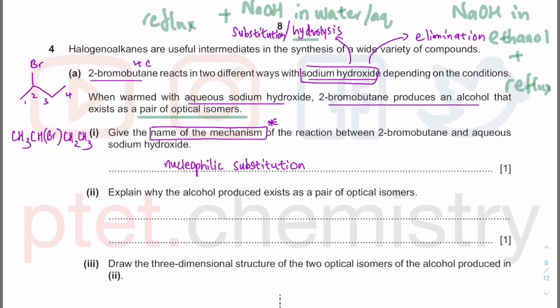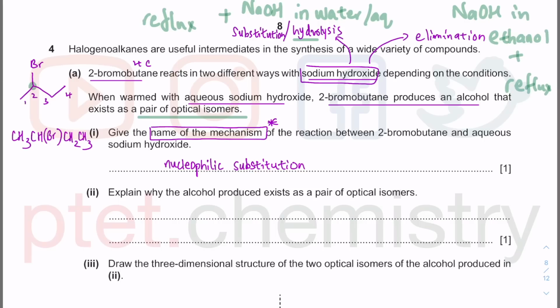You cannot tell whether it's SN1 or SN2, because this is a secondary halogenoalkane. The carbon with the halogen is bonded to 2 other carbons. While it is easy to say primary halogenoalkanes prefer SN2, a secondary halogenoalkane is tricky to tell because it's intermediate.